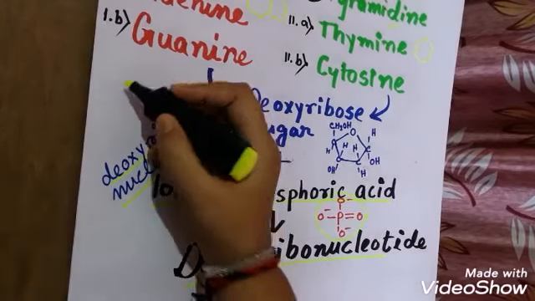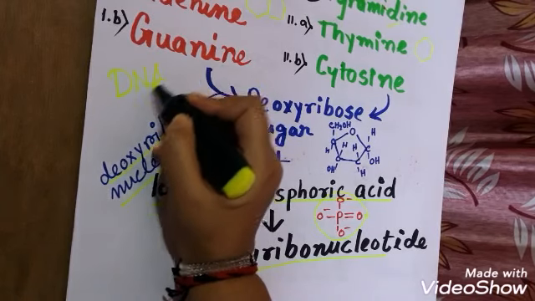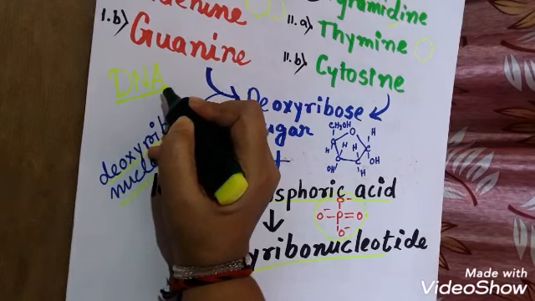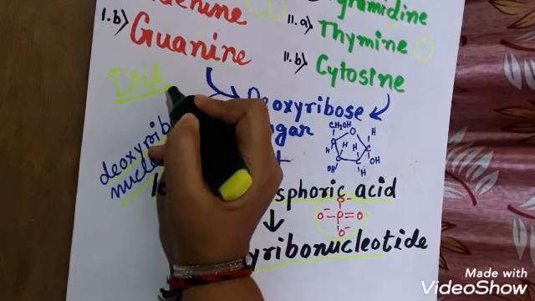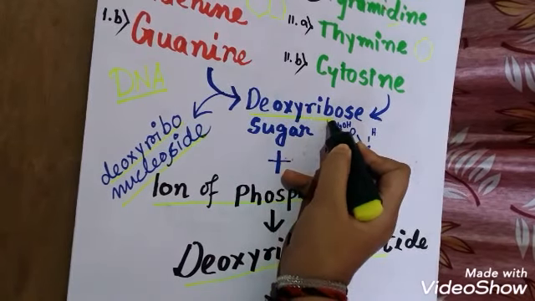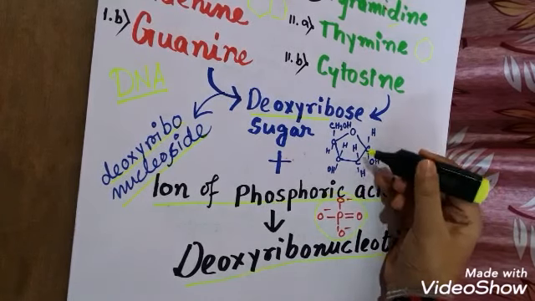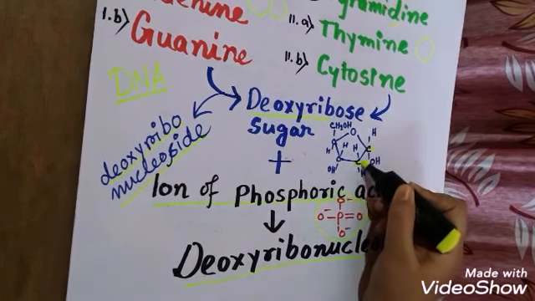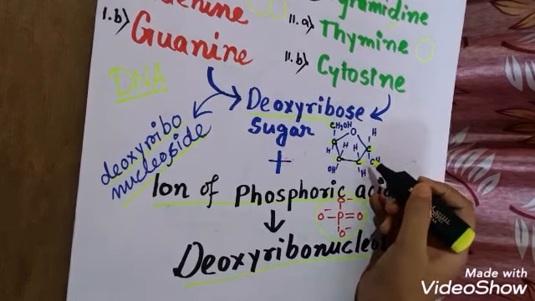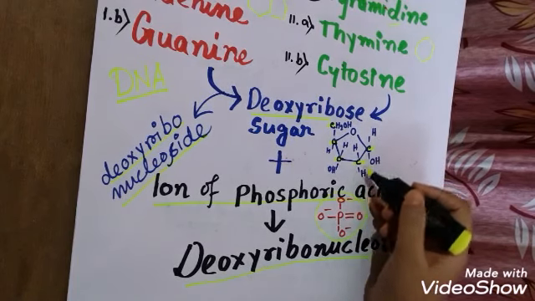Now, the full form of DNA is deoxyribonucleic acid. It means deoxyribonucleic acid is an acid that has a sugar of deoxyribose type. The structure is like that. The number 1 carbon is that, the 2 number is that, 3, 4 and 5. In the case of number 2 carbon, there is not any oxygen.